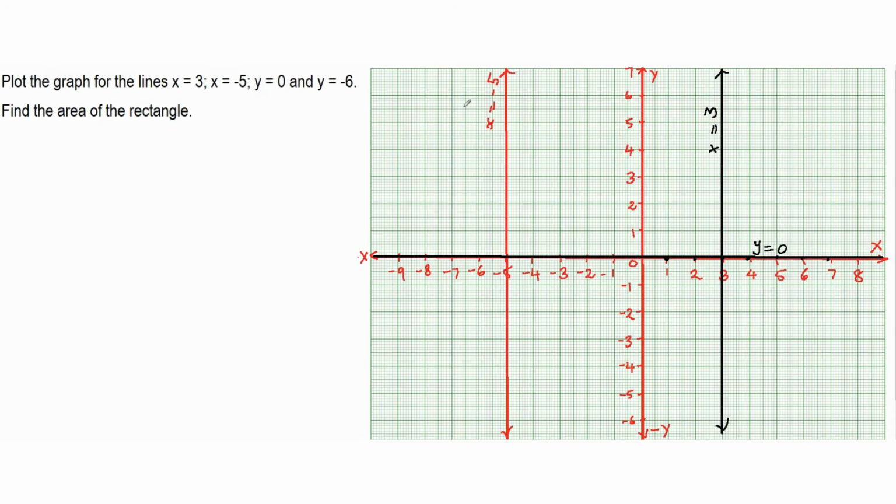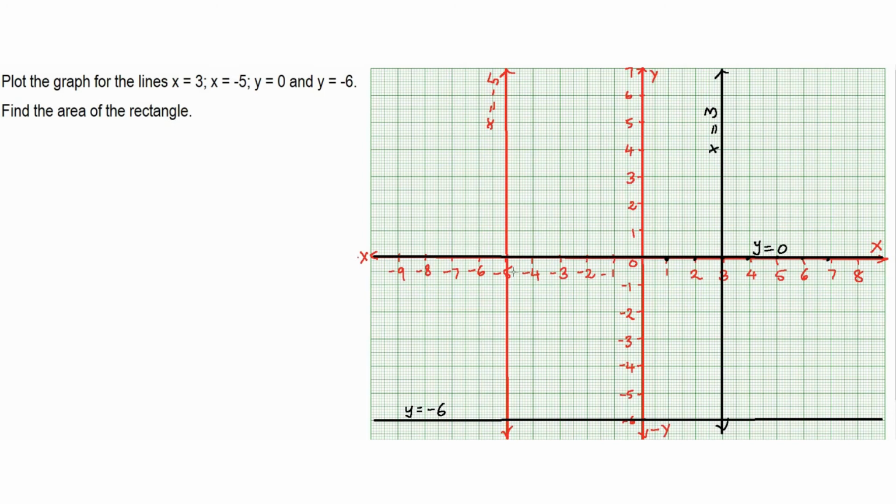And y equals -6. So let us plot y equals -6. y equals -6 is going to be parallel to the x-axis. It is going to be below the x-axis at a distance of 6 units from the x-axis. So if you notice, this is the line y equals -6. And now we want to find the area of the rectangle that is getting formed by these lines.